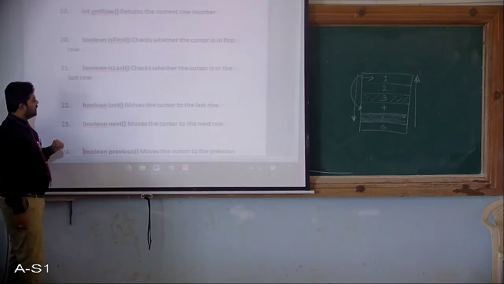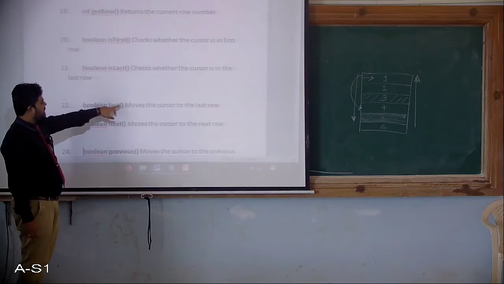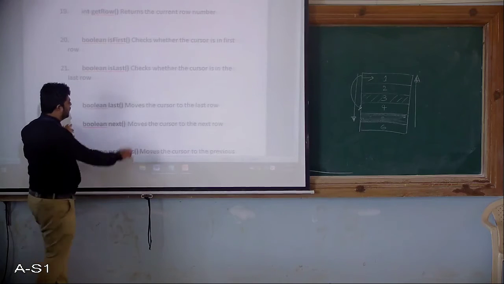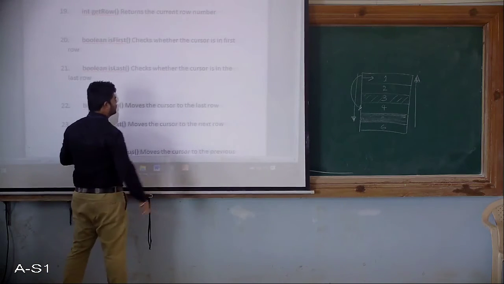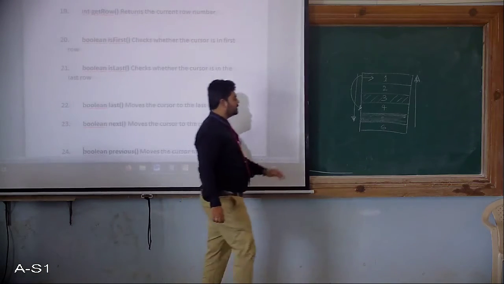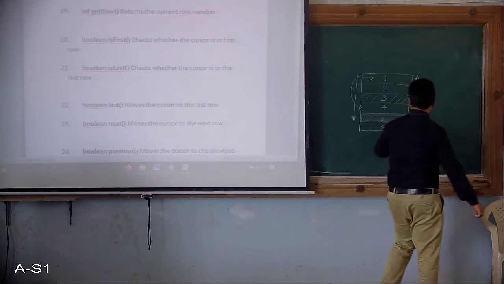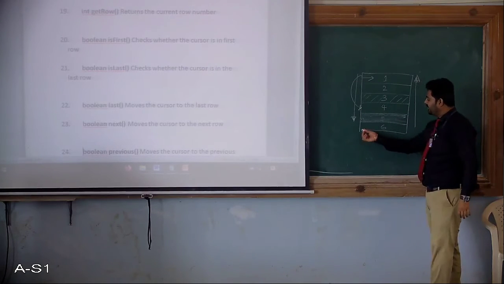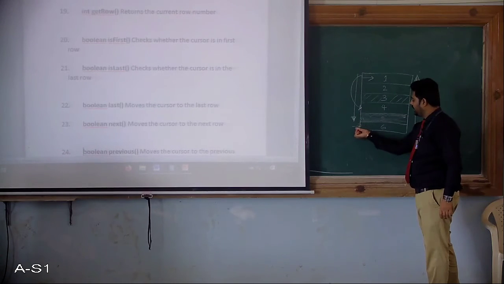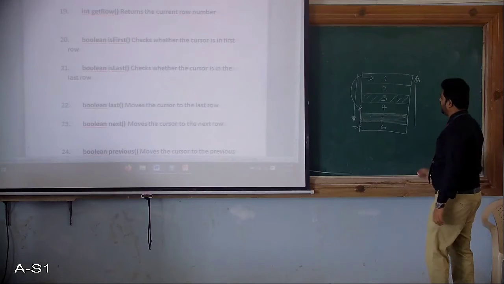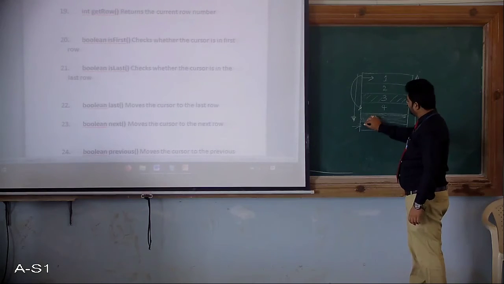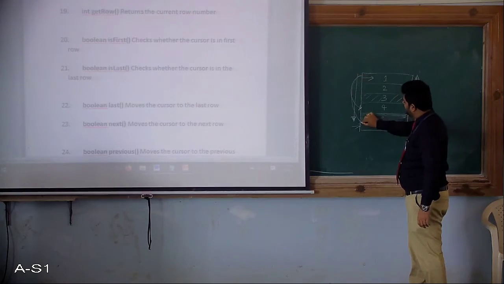If you are using the last method of your result set, it moves the cursor to the last row. You can observe here that I have the last row as the 6th. If my cursor is at this particular row and I call last, the cursor will be moved to the last row.